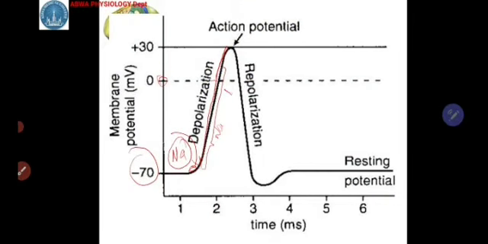The potassium channels open slowly and potassium moves outside the cell, producing relative negativity inside the cell, and the cell membrane tries to gain its normal resting position, that is minus 70 millivolts.